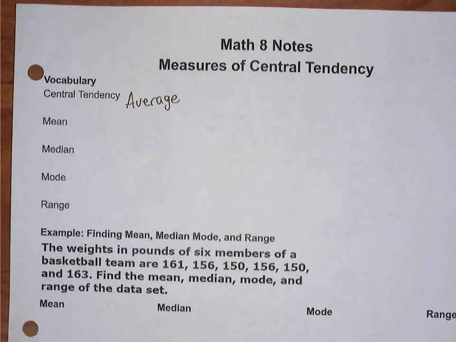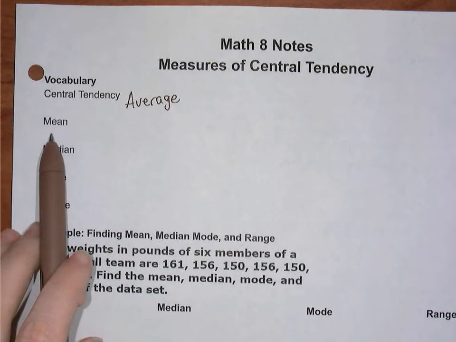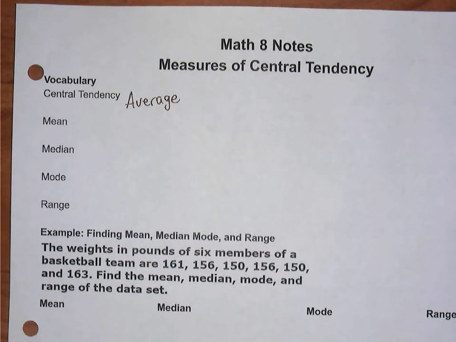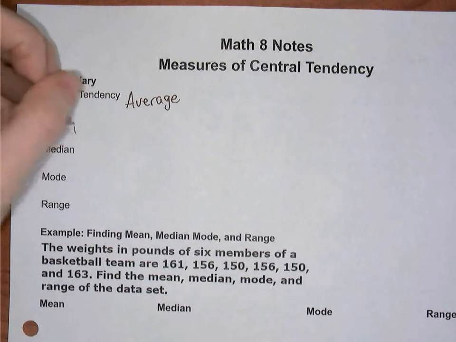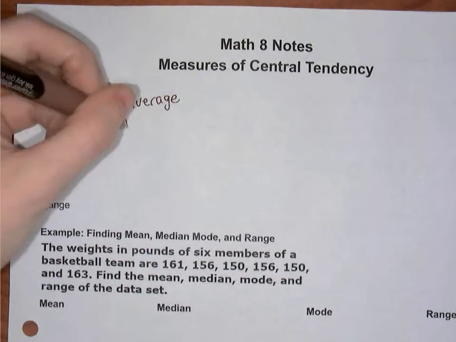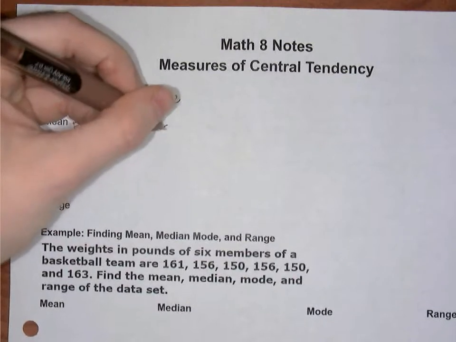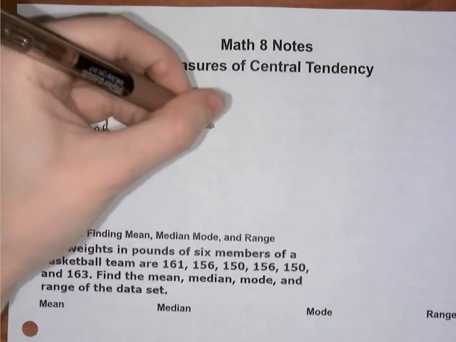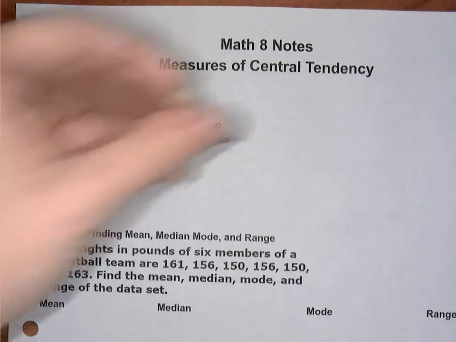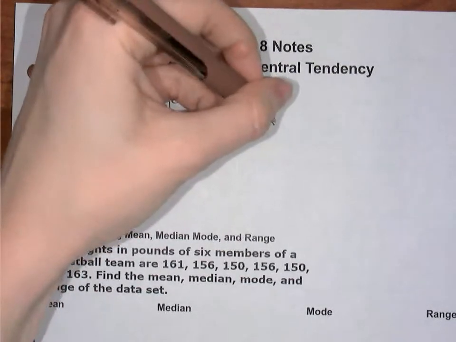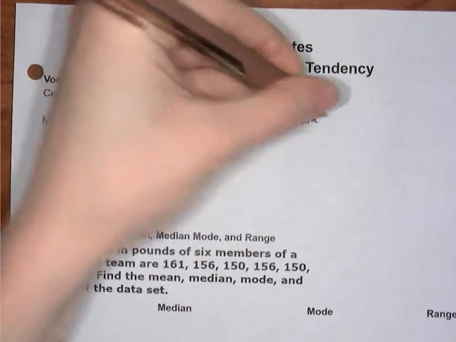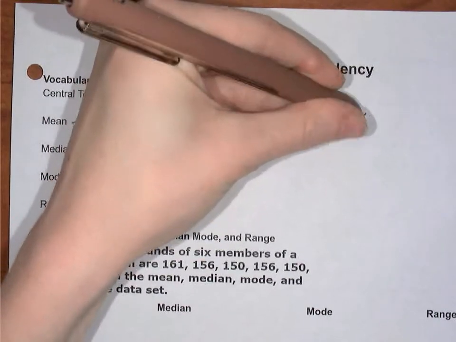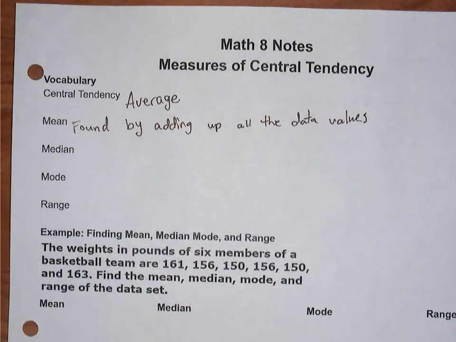So you've seen all of these before, so we're just going to go very quickly through mean, median, mode, and range. The mean is the type of average that we get when we add up all the data values and divide. So we're going to say it's found by adding up all the data values and dividing by the number of values.